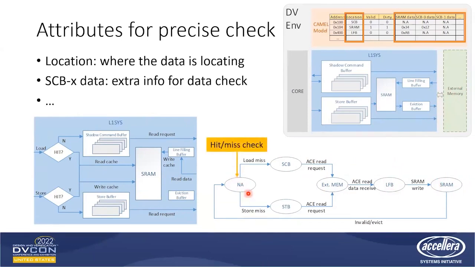So at this point, if an instruction comes to L1, we can search for the infos, which the CAMEL model records, and with the help of the location, we can judge whether it is a hit or miss here, and compare it to the RTL's judgment.